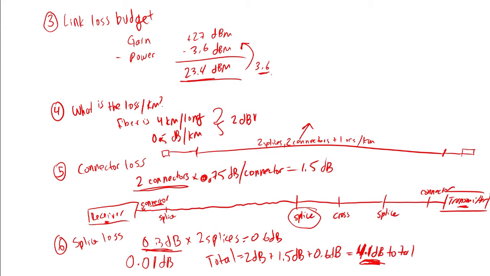And so if we lose 0.75 here, and we lose 0.01 here times 2, and we can tolerate up to 0.3, we've got a huge margin on the actual fibers. And that's important.